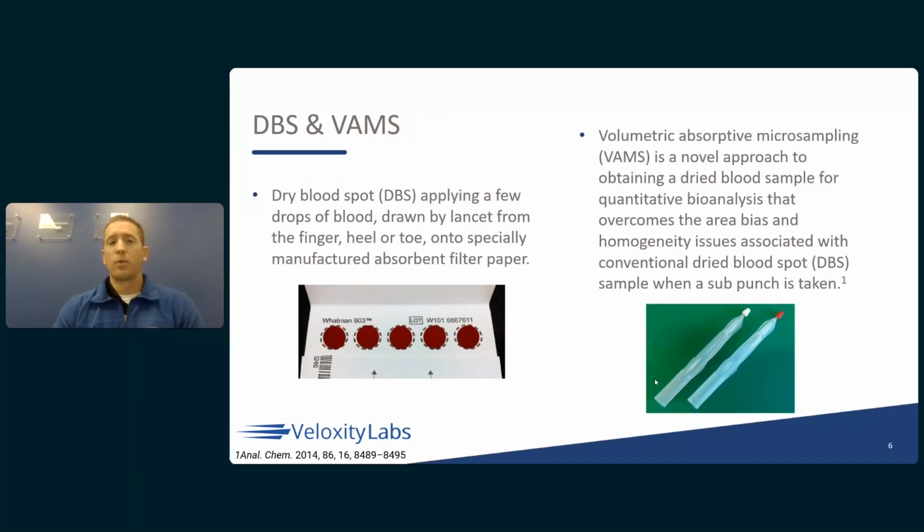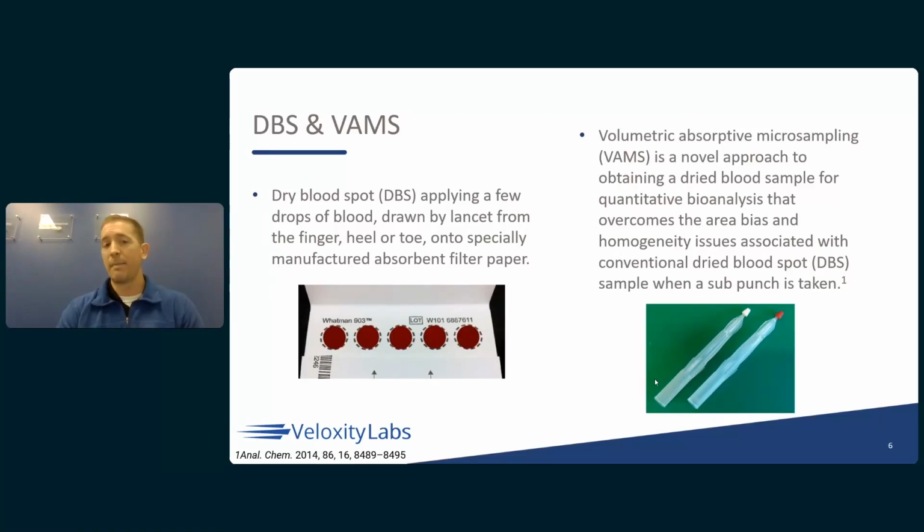The picture on the left is what a dry blood spot card typically looks like. A patient would take a lancet and do a finger prick and then apply multiple blood spots on this card. And there were some issues with this across a couple different areas. First and foremost, the samples sometimes weren't homogeneous. The bioanalytical scientist would take a punch and punch a portion of that spot out, and you could have different amounts of analyte concentration throughout the blood.